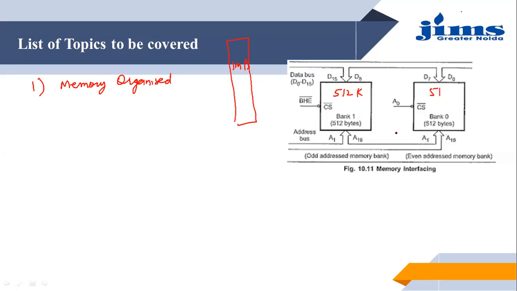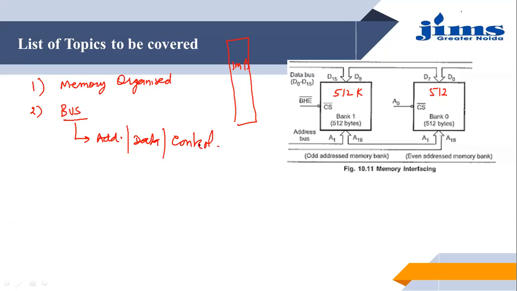After having known about this, let's now move to the new topic. How can you interface the memory? We'll be going with some practical example. We already have the knowledge of the buses. We have created the system buses, be it the address bus, the data bus, or the control bus.